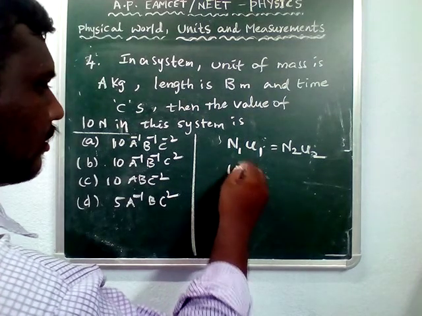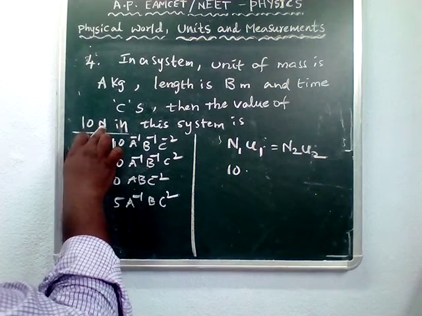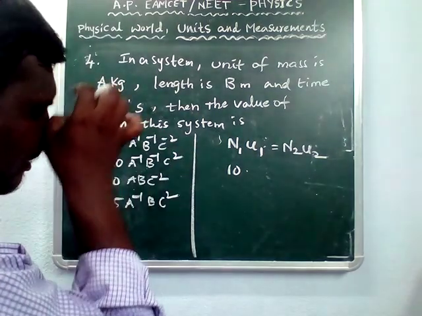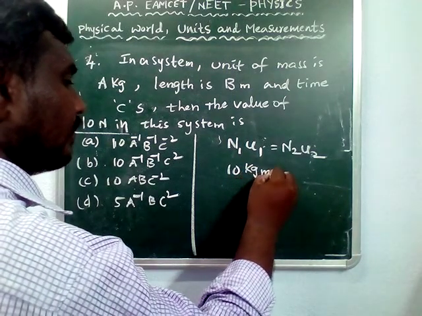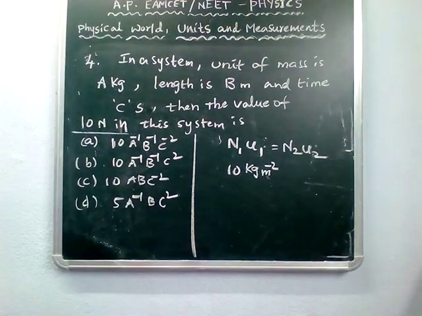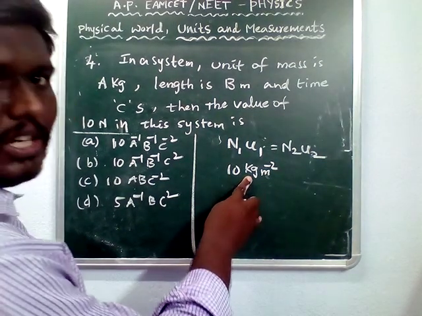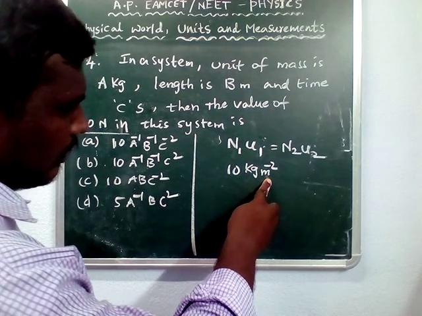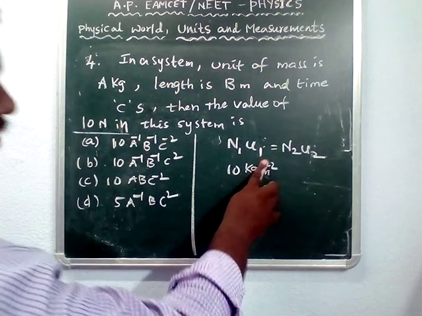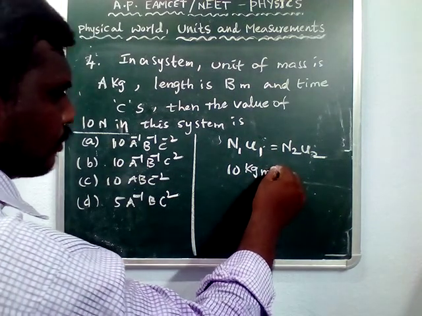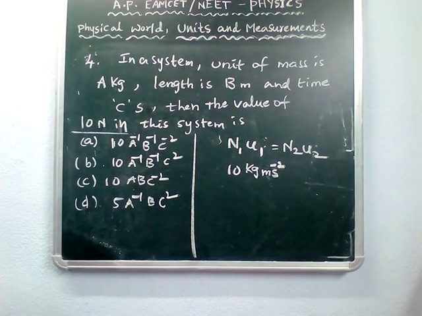So n1 is 10, the numerical value, and u1 is the unit, a Newton. In the SI standard, F is equal to ma, you know the formula, m is the mass in kg and a is the acceleration, so Newton is kg meter second inverse 2.